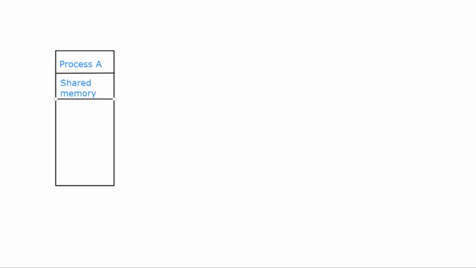Then we add another process, we call it process B. There are two processes, process A and process B, and there are separations between the processes. Now this lower part we will term as the kernel. This is the core part.